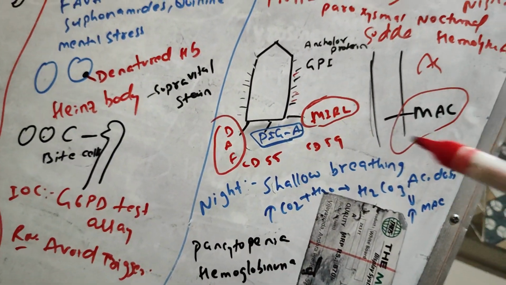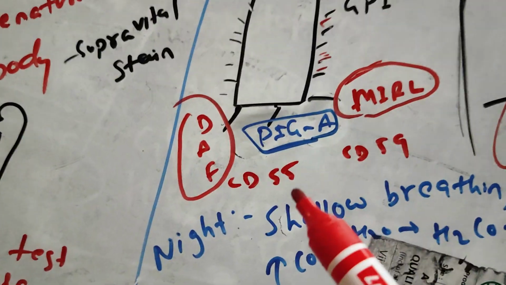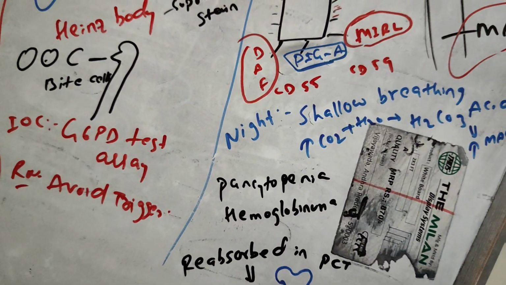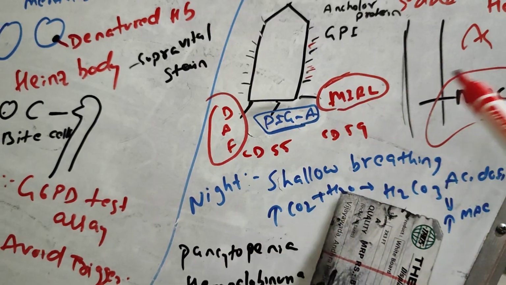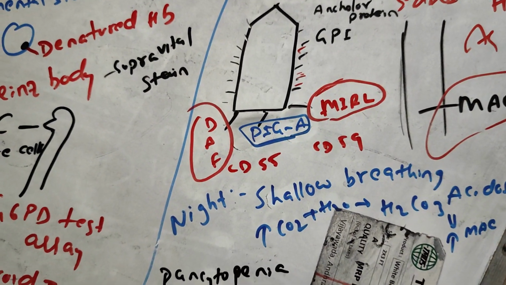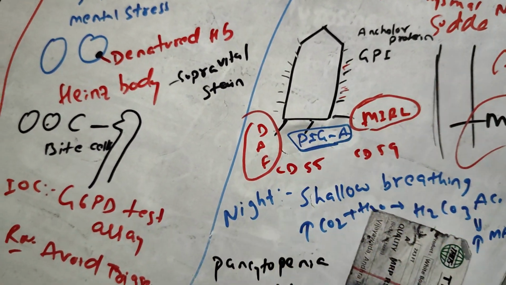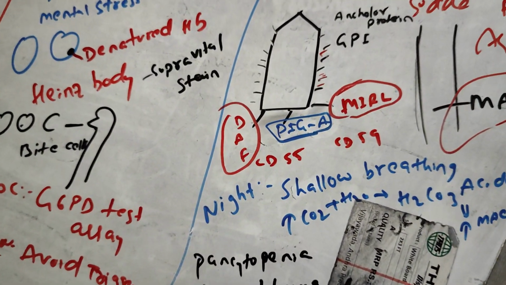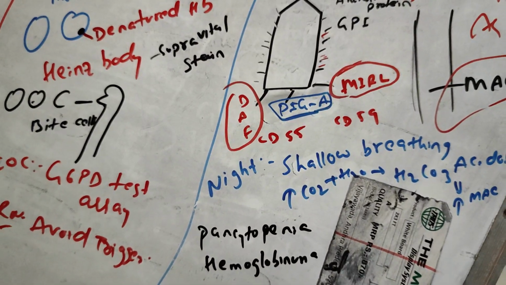It is controlled by a gene called the PIGA gene. Whenever there is a mutation in the PIGA gene, then what happens? Will DAF and MIRL work? No. If they won't work, what happens?